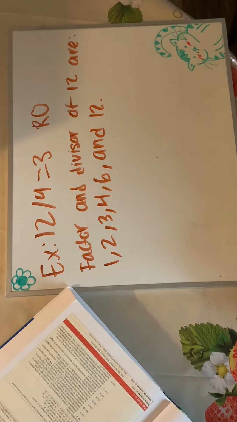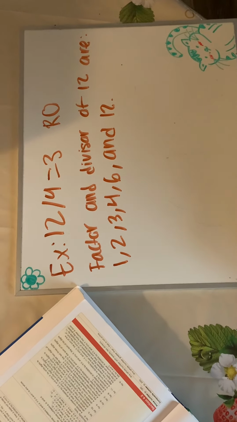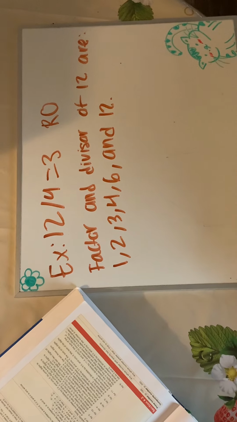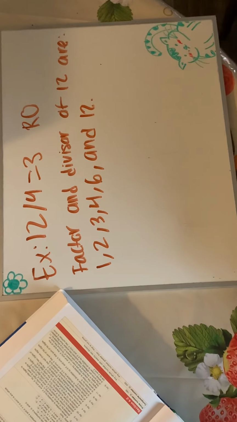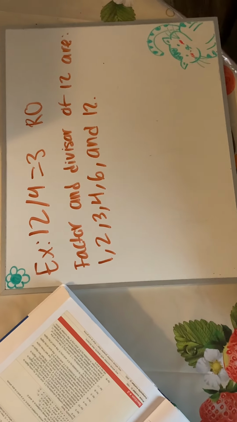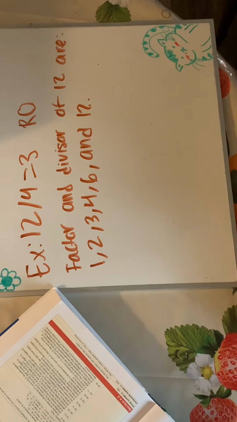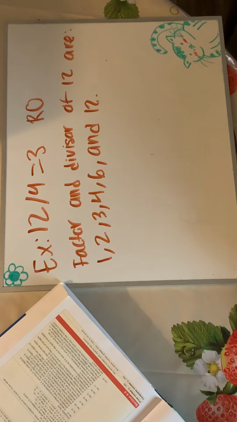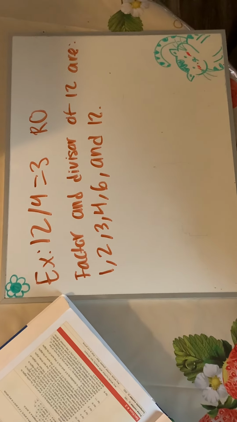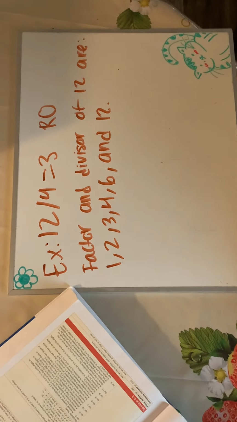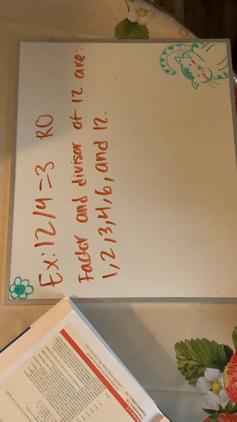Now, question 15 says, Aikyo says to find the LCM, you can just multiply the two numbers. No, multiplying the two numbers together will not always give you the LCM, but it could work sometimes.